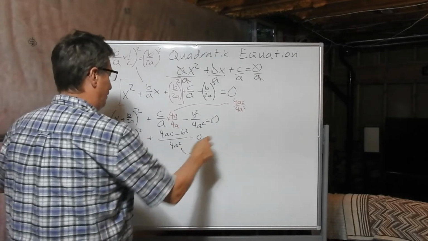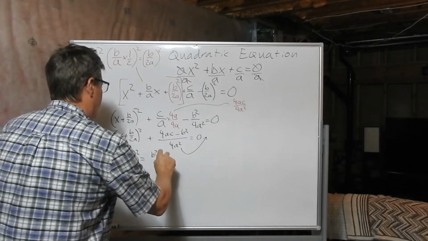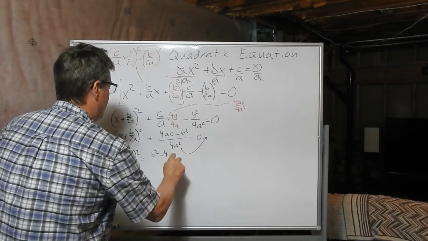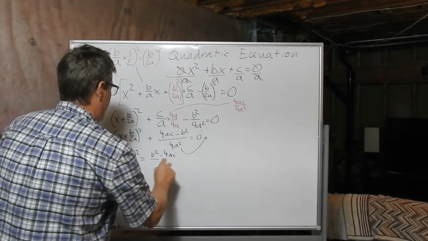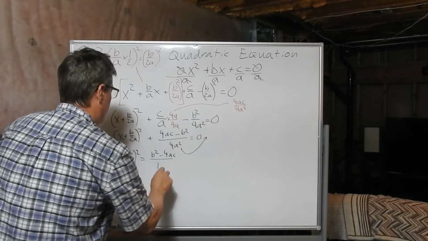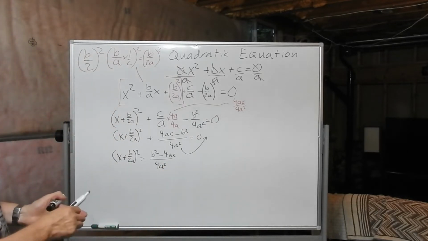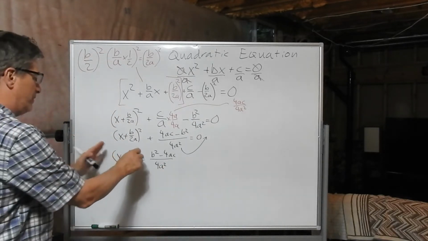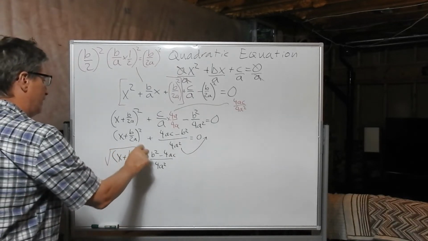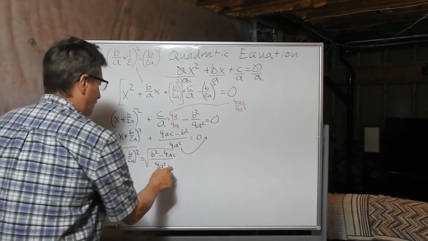Minus b squared will be plus b squared, and plus 4ac would be minus 4ac, all over 4a squared. The next thing, we have a square here, and we're trying to isolate x, so we take the square root of both sides.